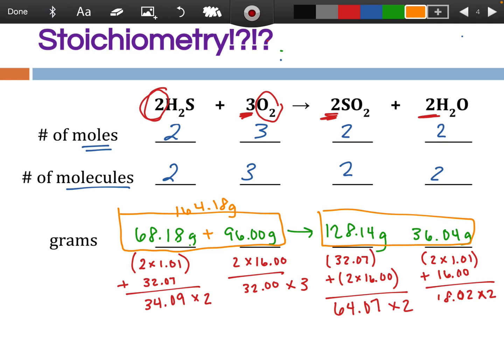And if we do the same with our products, we end up with 164.18 grams coming out of the reaction. So the mass going in between all of your reactants has to equal the mass coming out. So keep that in mind when you're comparing the mass of the substances.